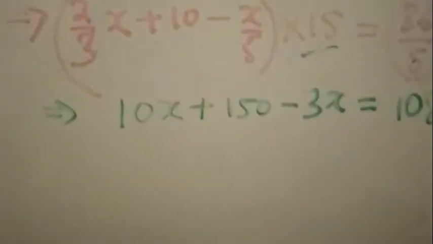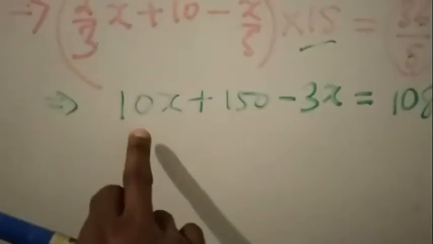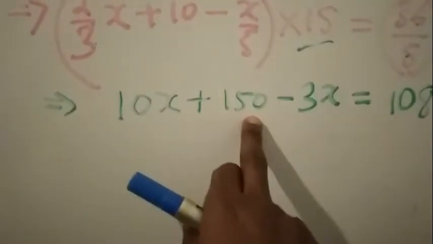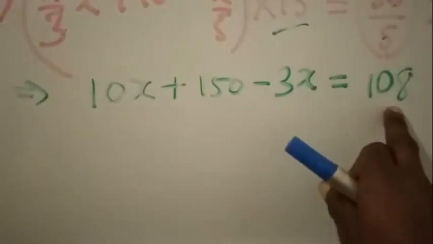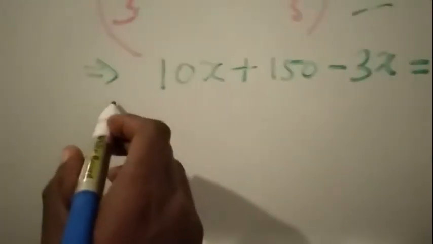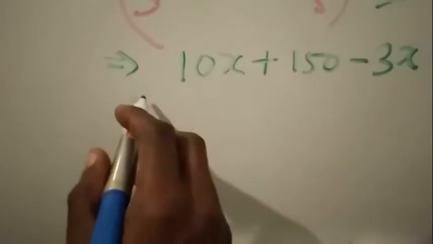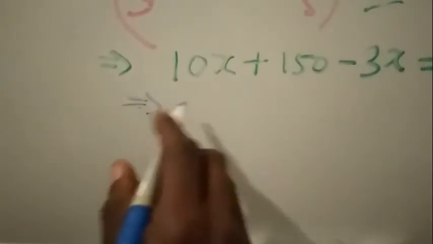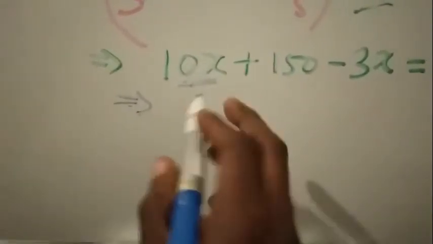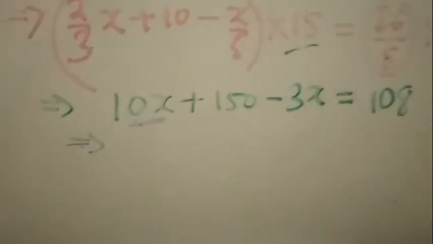Okay, so from there you remain with 10x plus 150 minus 3x equals 108. So what you do further is put these like terms together.